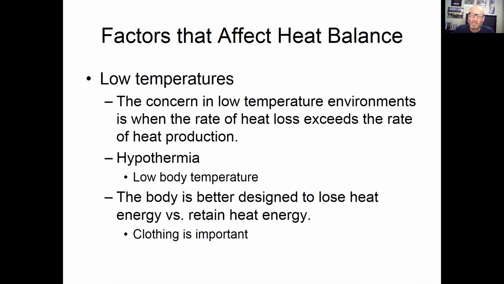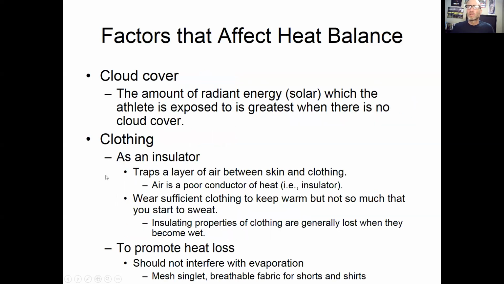So I am interested in maintaining core temperature during swimming in cold water. Or in cold environments, if you go up to Mount Charleston, you've got to wear clothing in a way to retain whatever heat you're able to generate. Cloud cover influences heat balance. The amount of radiant energy which the athlete is exposed to is at greatest when there's no cloud cover.